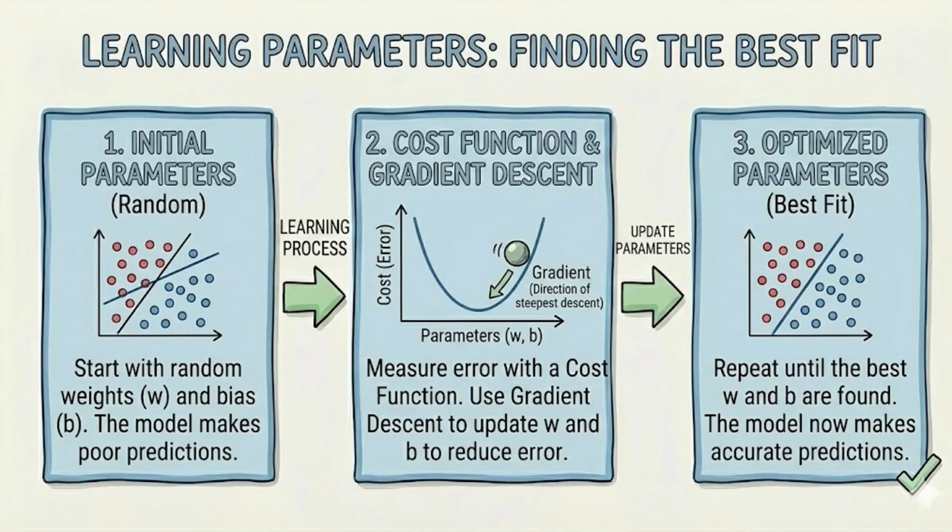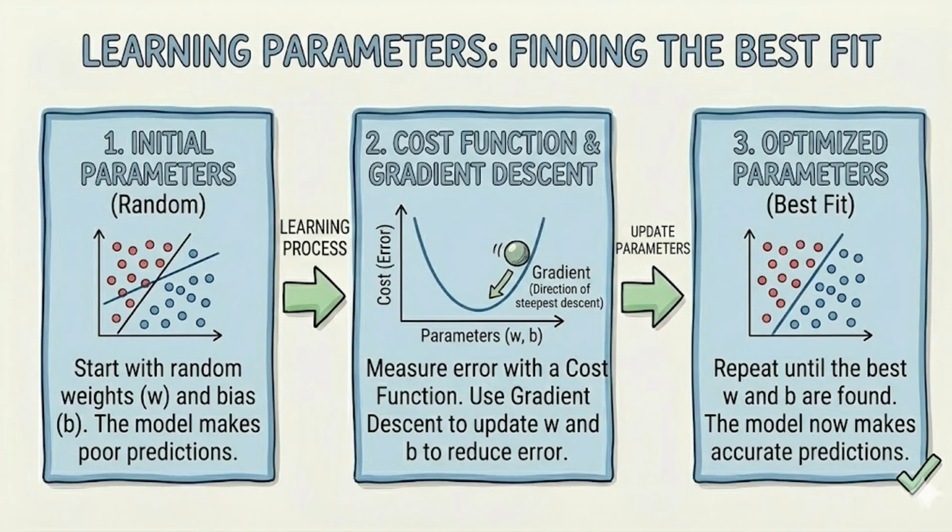But now the question is, how does the model know the correct weights W and biases B? Basically, it has to learn them. This process has three stages, as you see on the screen. The first stage is to initialize parameters.